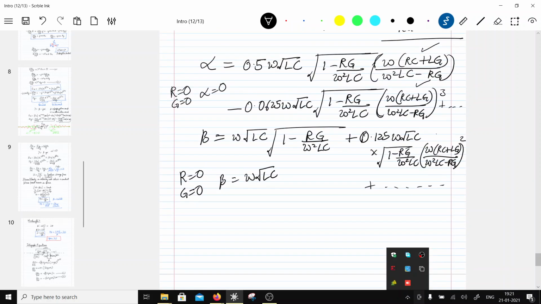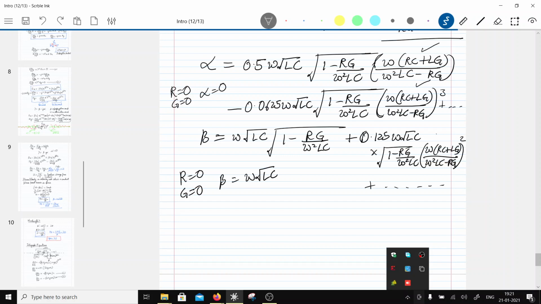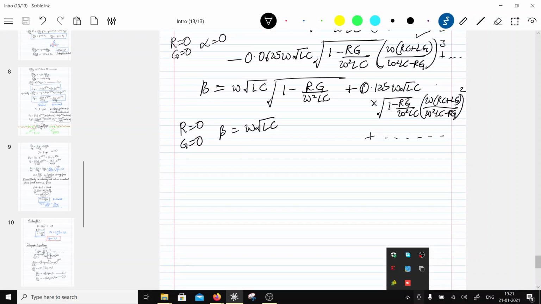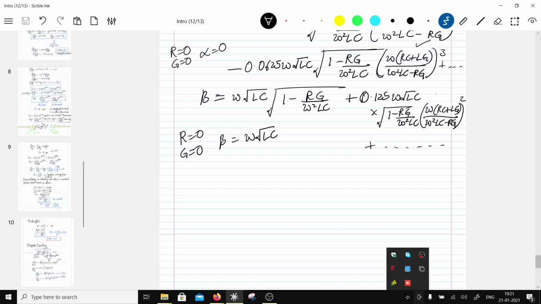Okay, that thing to notice is, for a special case, the denominator which you are seeing in these terms, right, so if this denominator omega square LC is equal to Rg, now that means omega is equal to root of Rg over LC, or F is equal to 1 over 2 pi times root of Rg over LC.